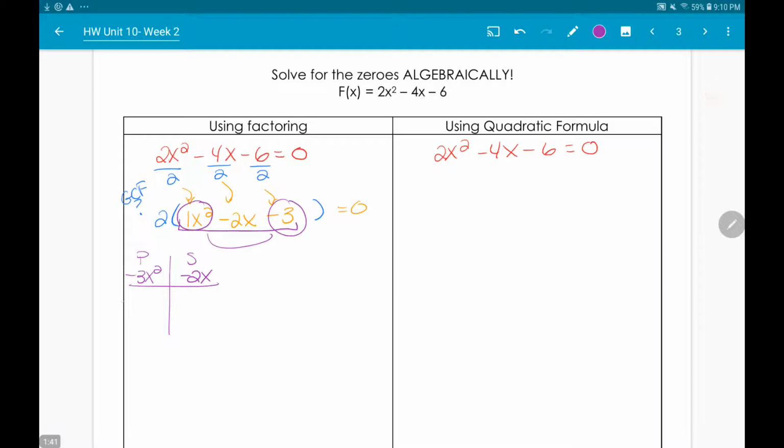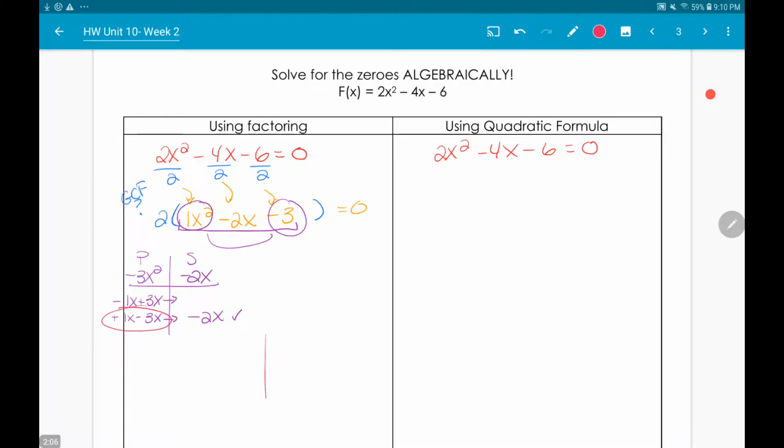All right, and this is nice because the only thing that gets me 3 is 1 and 3. And I need it to be a negative 2. So, which one does that? The second one. So these are my winners.